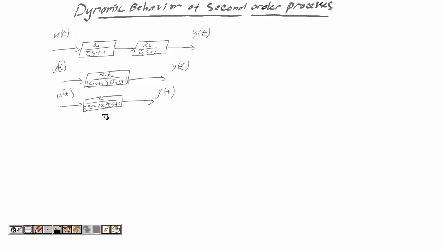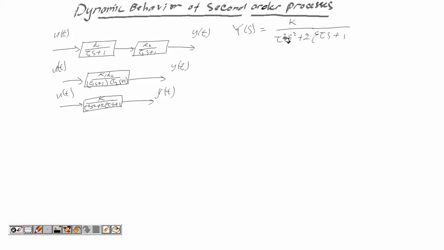Okay, as we know, in first order system, we can derive y(t) using Y(s). Y(s) is a transfer function, here K over tau square s square plus 2 zeta tau s plus 1.